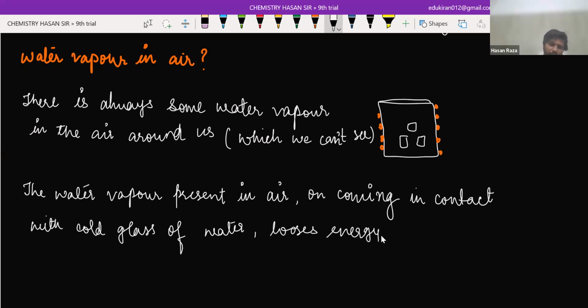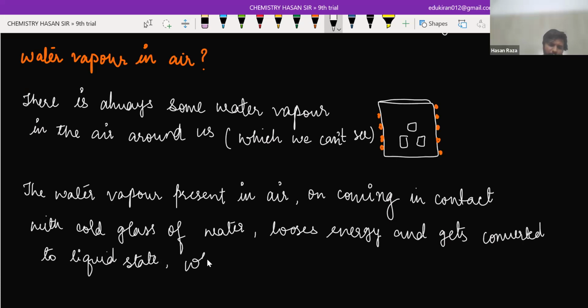I will explain the mechanism as well. It gets converted into liquid state, which we see as water droplets. So how a water droplet forms, this can be the answer.